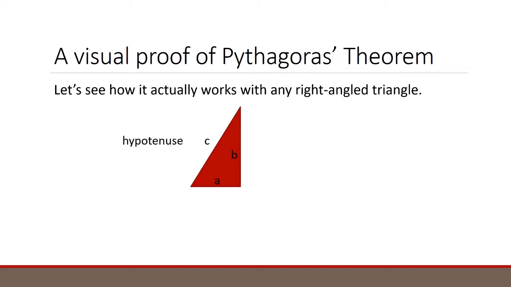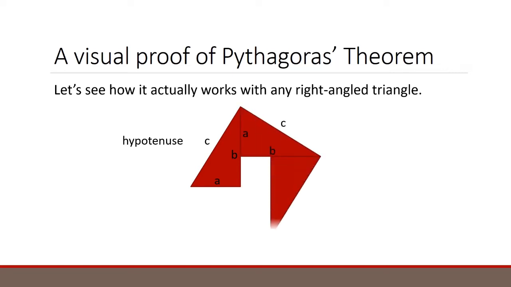In a right-angled triangle, we'll also call that the hypotenuse. Let's copy that and put it here on the side with a, b, and c, and copy it again, and copy it again. Now we have 4 right-angled triangles.